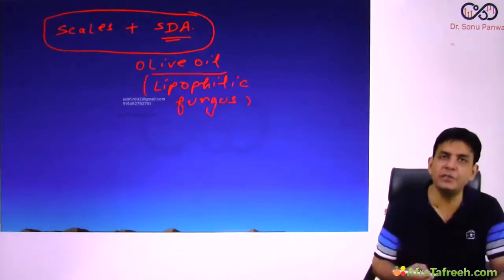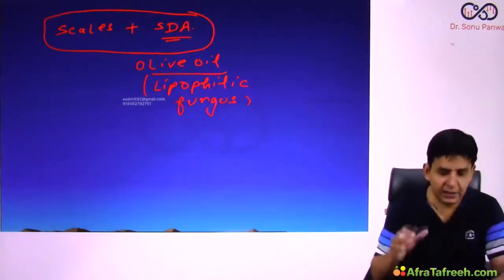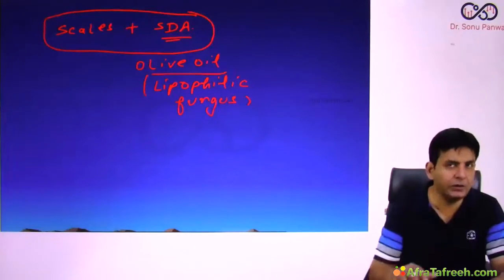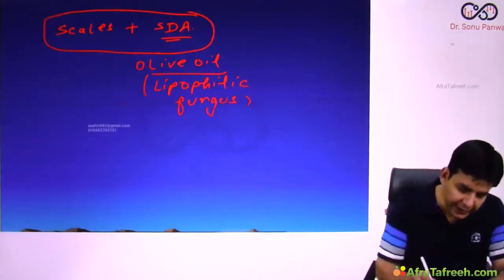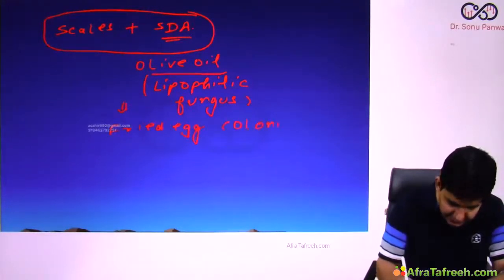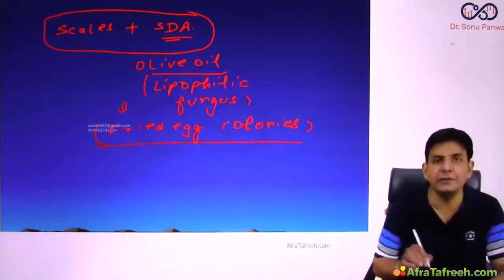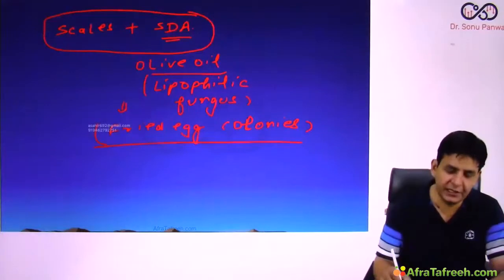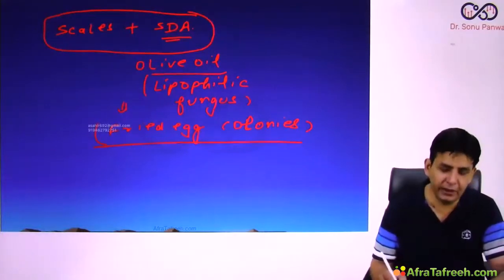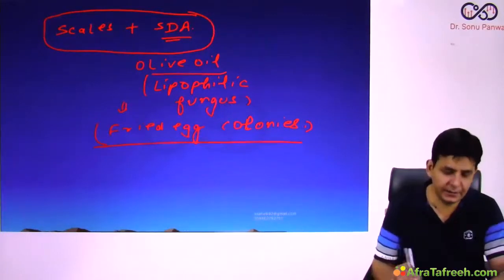It loves to grow in the presence of oil. You first put the scales on the SDA and then you put the olive oil overlay. And what are you able to get? Fried egg colonies. So remember this also: the scales put in SDA with an olive oil overlay give fried egg colonies.